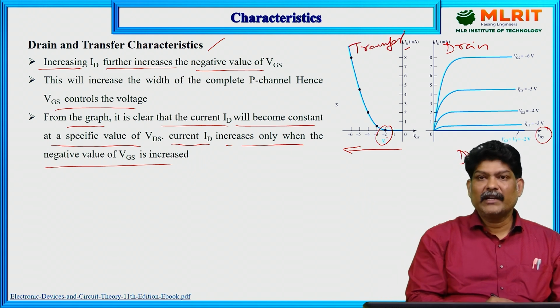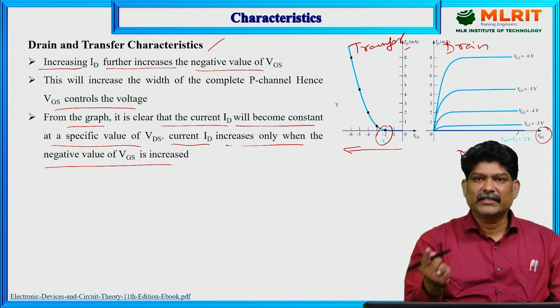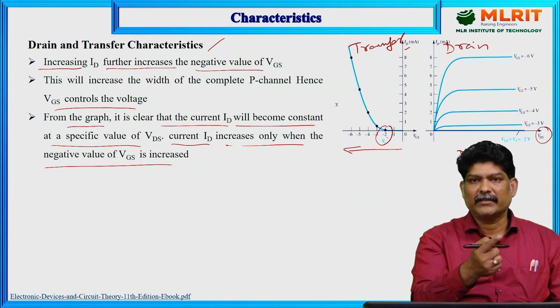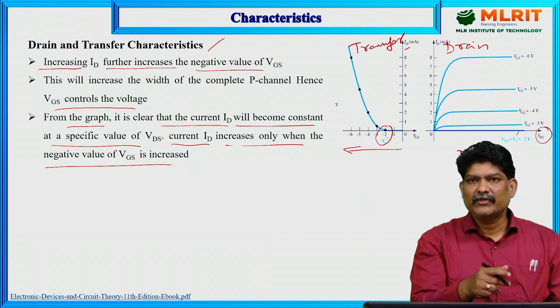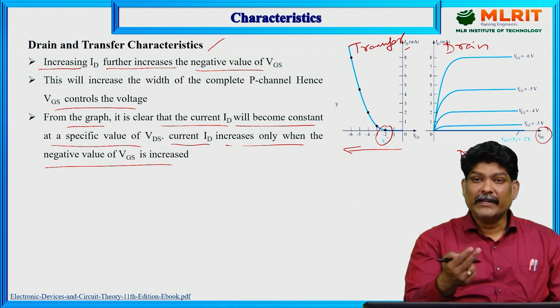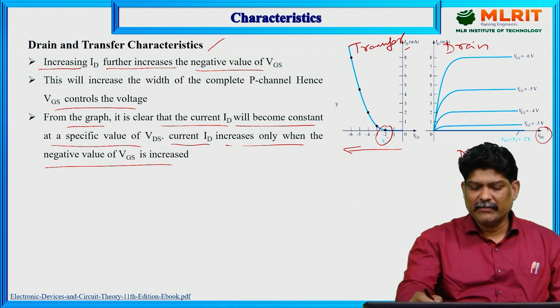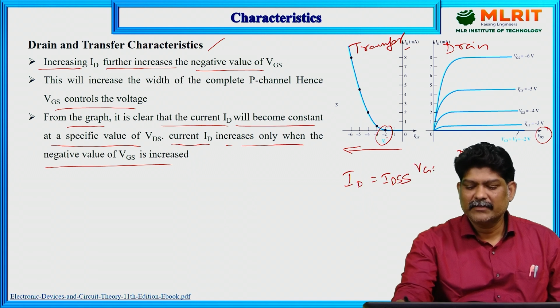Usually drain characteristics means the graph drawn between output voltage VDS and the output current, drain current ID, right? Whereas transfer characteristics can be generated in two different ways. One is from the drain current equation, that is ID equals IDSS into (1 minus VGS by VP) whole square.